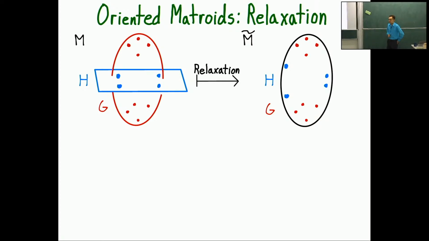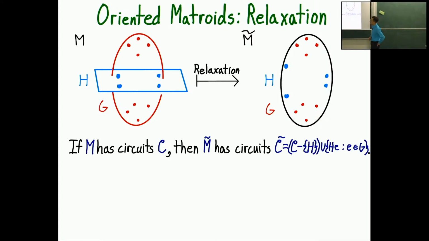I didn't quite understand what the new matroid is after the operation. So if this matroid has circuit C, then the new matroid will have circuits where I've gotten rid of H. But H was a circuit hyperplane, so it had the size of a basis, so H with any other element is going to be a dependency.